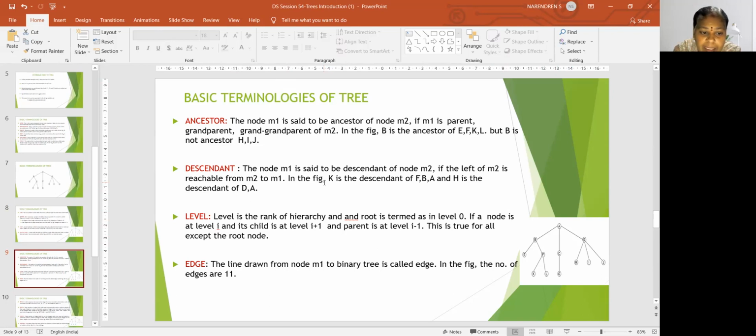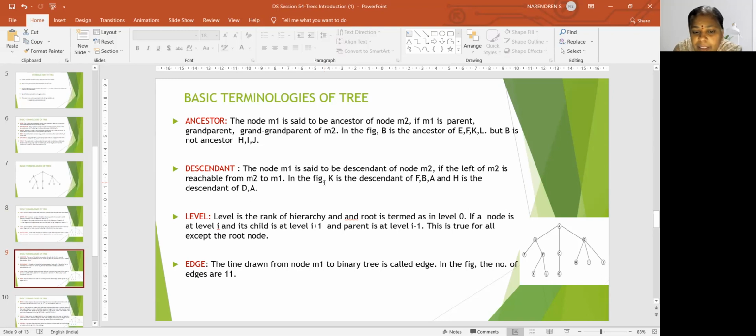If a node is at level I, its child is at level I plus 1, and its parent is at level I minus 1. This is true for all except the root node, which does not have any hierarchy since it is the starting node.